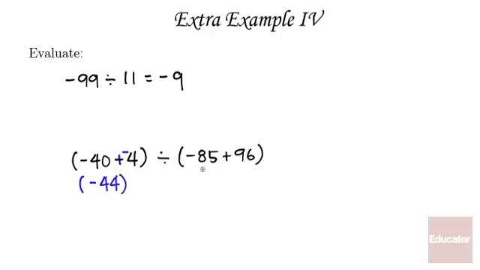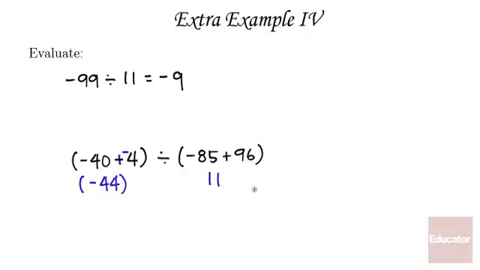This is a negative number and this is a positive number. They have different signs, so you're going to find the difference of their absolute values. The absolute value of negative 85 is 85, and the absolute value of 96 is 96. To find the difference between the two numbers, you're going to get 11.